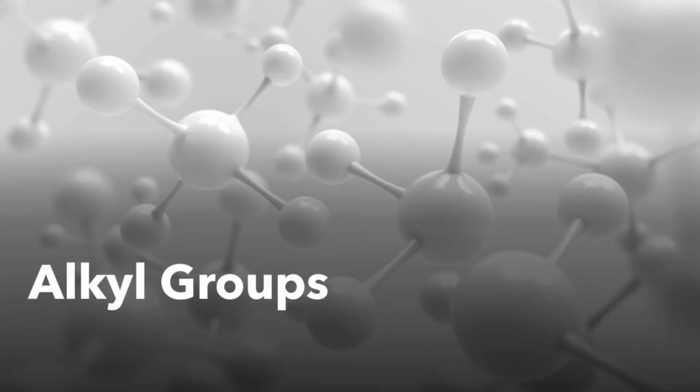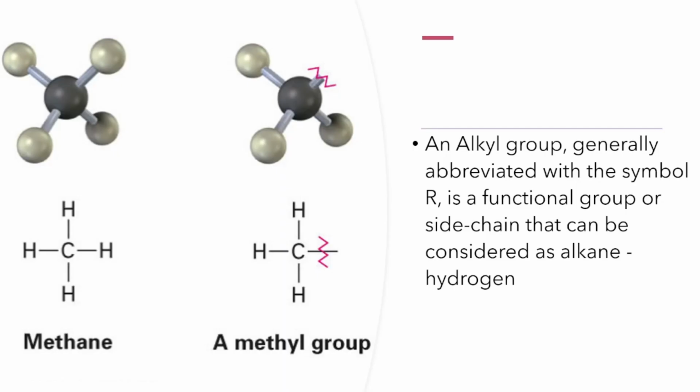So now we have some idea about alkanes and cycloalkanes. Let's go to a third group of compounds, or branches, that are derived from alkanes. Let's see what is meant by alkyl groups.